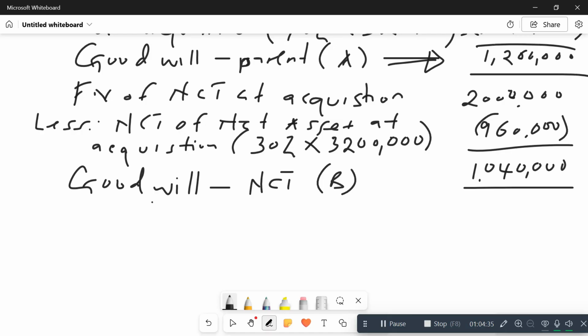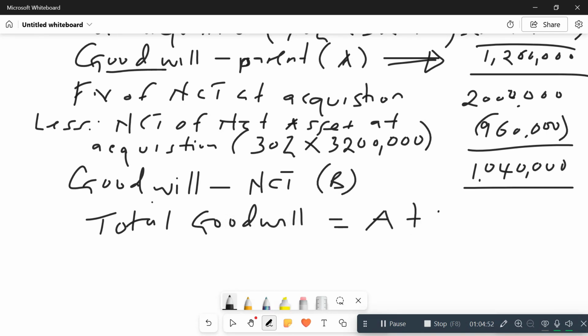Now we have two goodwill: goodwill A, which is attributable to parent, and goodwill B. So total goodwill will be A plus B, goodwill A for parent and goodwill B for NCI.